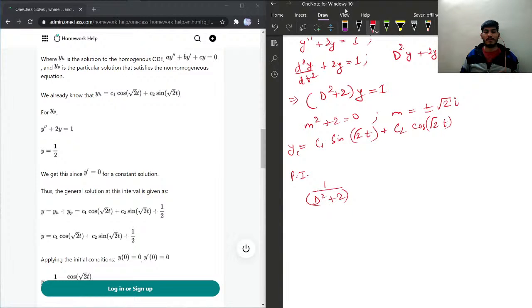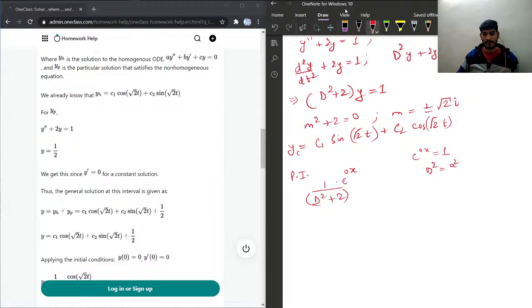Now for this one, we don't have any general formula for the constant. So what I can do is write e power 0x, and basically e power 0x is nothing but 1. And whenever we have a function like e power ax, then my D square will become a square.